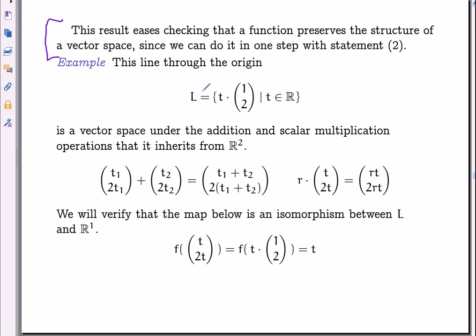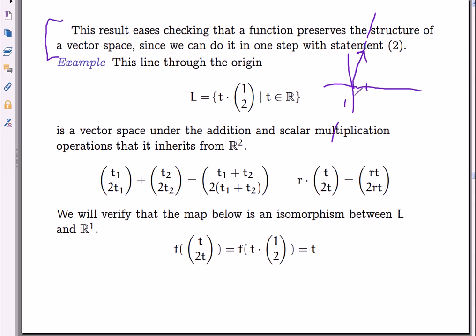So we can take the line through the origin. All right, this is a line. Any scalar multiple of the vector (1, 2). So the vector (1, 2) looks like this. Any scalar multiple of that will look like the line up and down here. Now this certainly looks like R1, and in fact we'll show that it's isomorphic to R1.